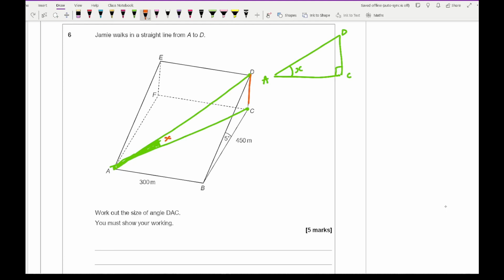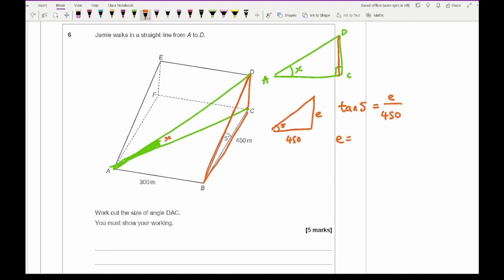Well, if I work out D to C, which is the orange line, so if I take this orange triangle out, then this angle here is 5, this is 450, and this is DC, which I'm just going to call E, a random letter. So using this, I can use tan to work out what E is. So tan 5 equals E over 450.